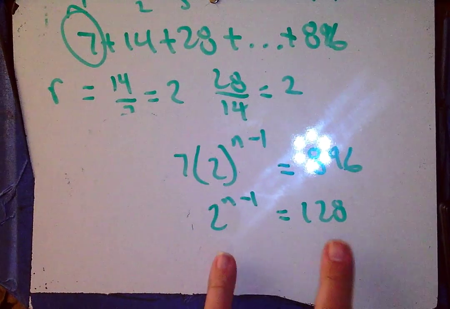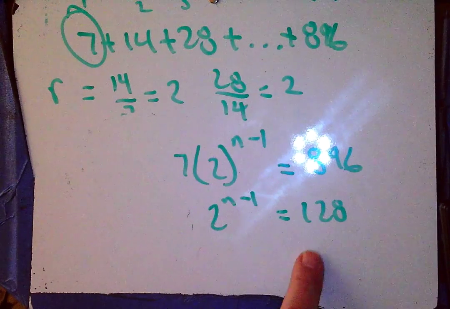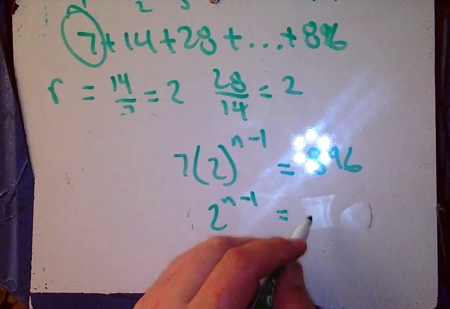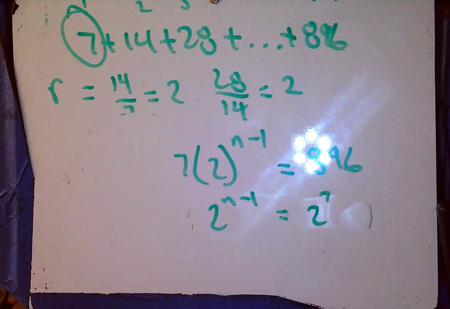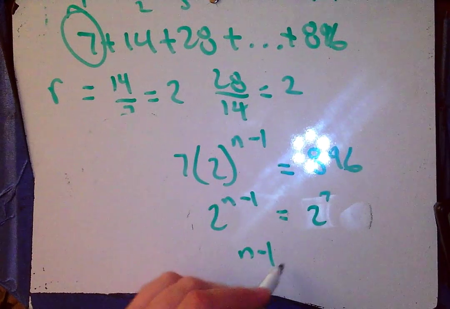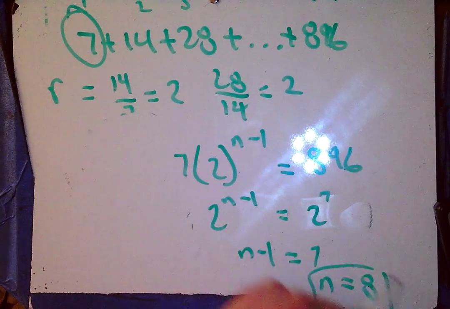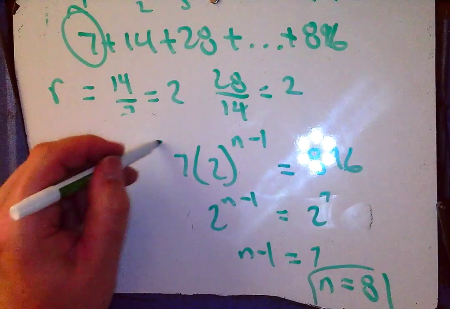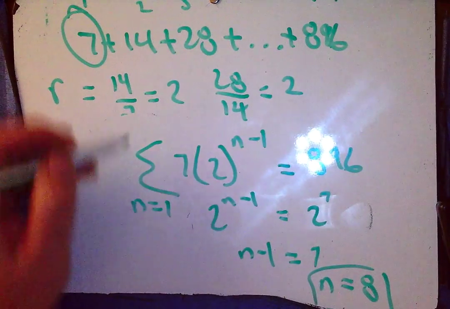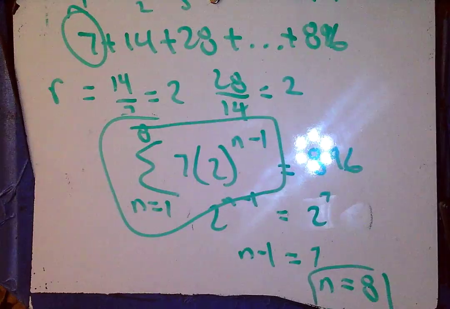Why don't you write both sides so that they have the same base? So 128 is 2 to the 7th. Because if the bases are the same and the terms are equal, then the exponents have to be the same. And so n equals 8. Now that I know what n equals, I can write my sigma, n equals 1 to 8. And here's my answer. Okay?